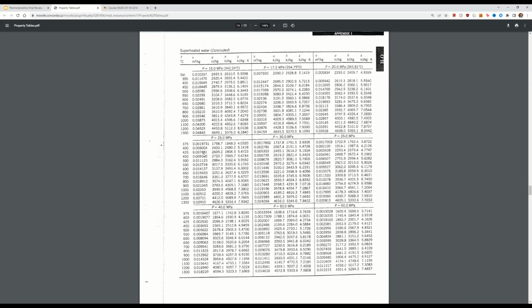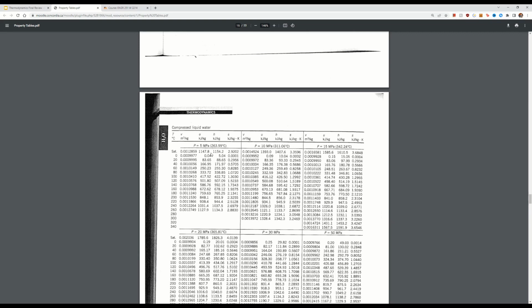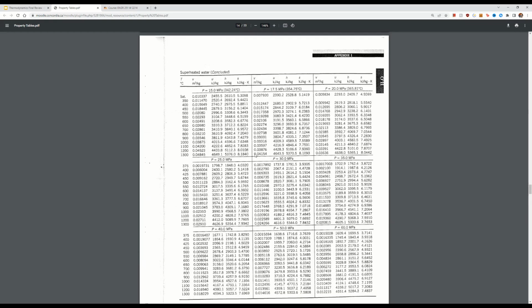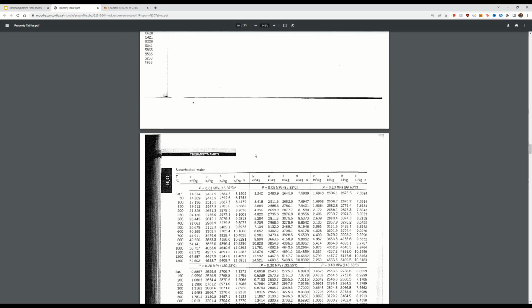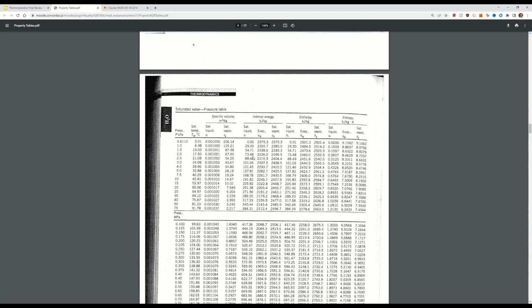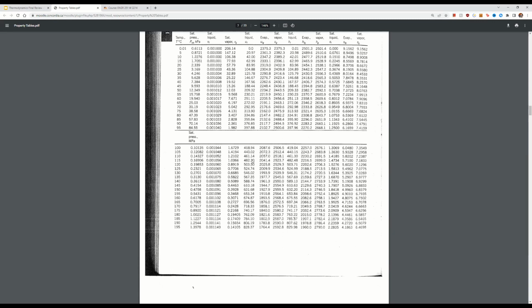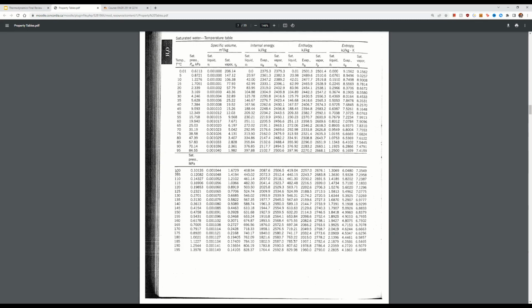Then we see that the compressed liquid water tables don't go lower than 5 megapascals. So what you're going to have to do is go to your mixture tables for water, all the way up at a temperature of 100 Celsius, and use these properties, even if the pressure is not the same. That was quite a large margin between the pressure that I gave and this pressure here. Usually they'll be a bit closer, but you're allowed to use these properties in this specific scenario.